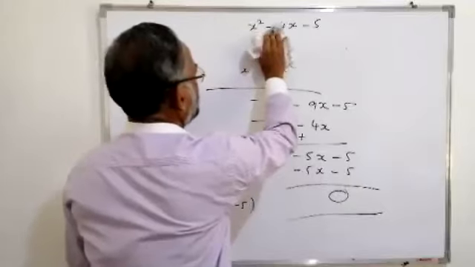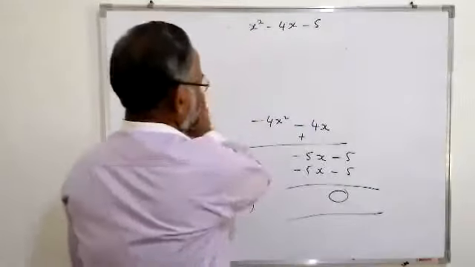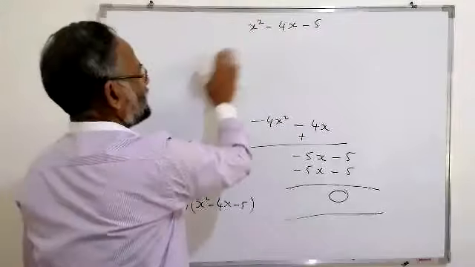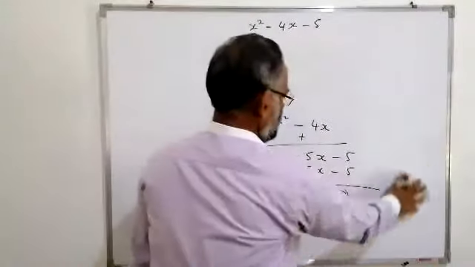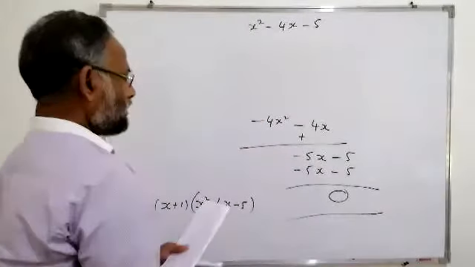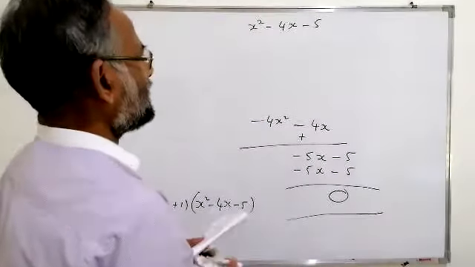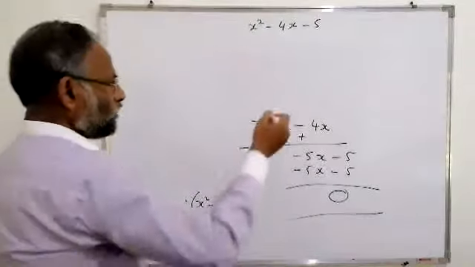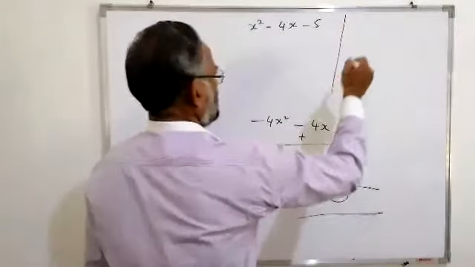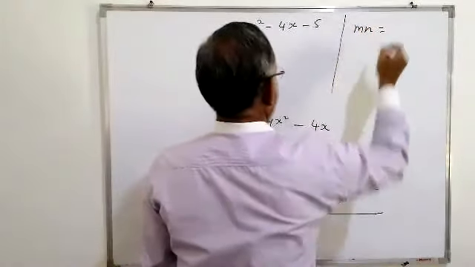So I want this one, x squared minus 4x minus 5, the quotient. Factorize this quotient. You have to split the middle term and factorize this one. For this, what is the multiplication of the two numbers?